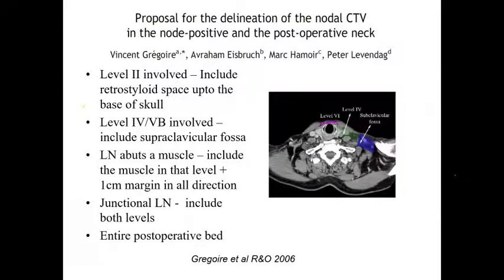If the node is sitting at the junction between two levels, then you include both the abutting levels in that zone. Now, if it is a post-op situation, then you have to include the tumor bed and the regions where there could be possibly surgical spillage. So that would be the post-operative bed, and the entire bed needs to be included.